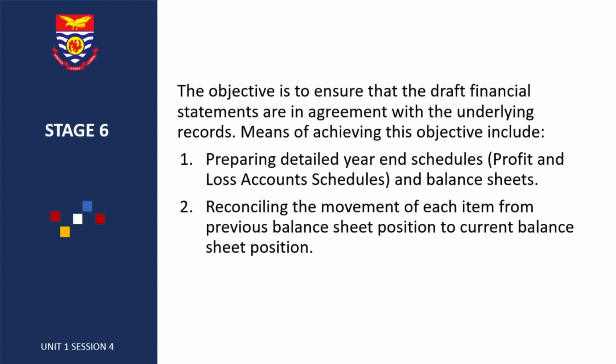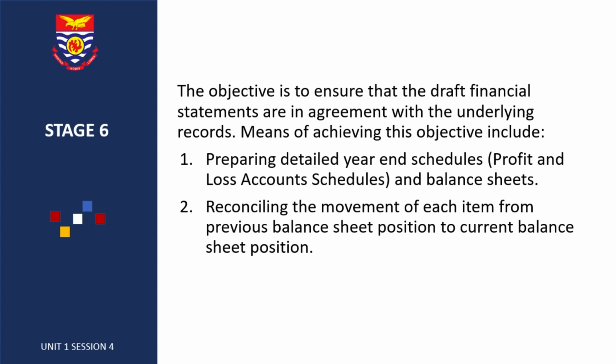Now stage 6. With stage 6, the objective is to ensure that the draft financial statements are in agreement with the underlying records. Now, the means of achieving this objective includes preparing detailed year-end schedules, that is the profit or loss account schedules, and then the balance sheet, reconciling the movement of each item from the previous balance sheet position to the current balance sheet position.